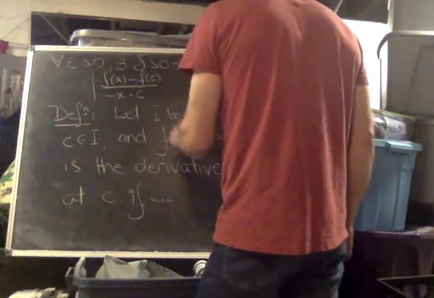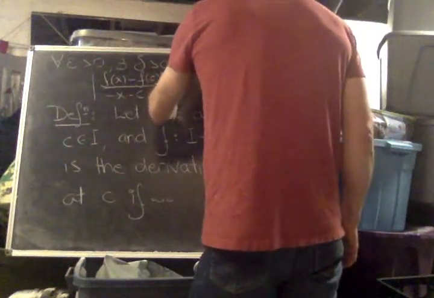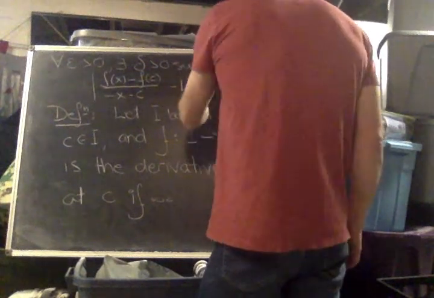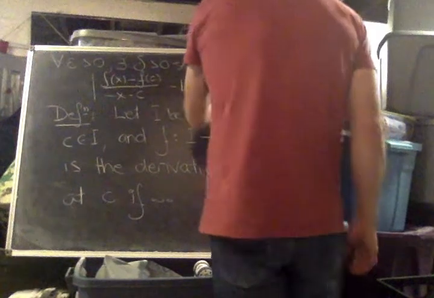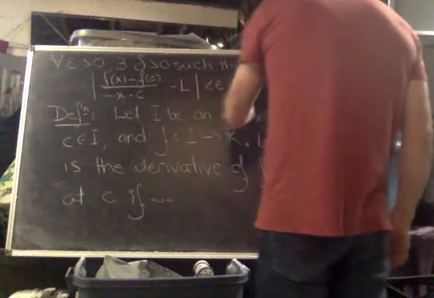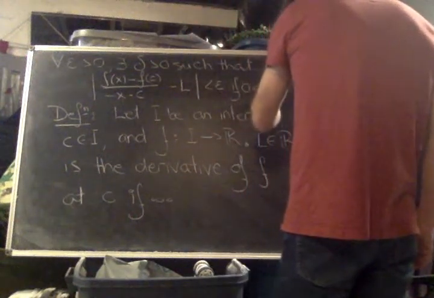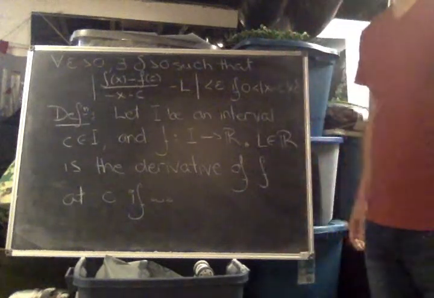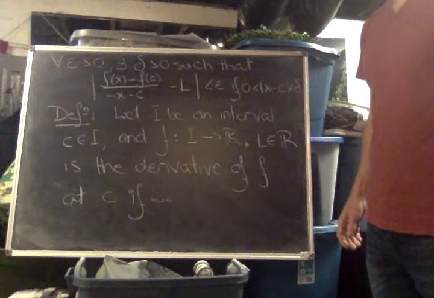If you consider the quotient f of x minus f of c all over x minus c, you look at the distance from that quotient to L, that will be less than epsilon if the distance from x to c is not 0 and less than delta. Okay?